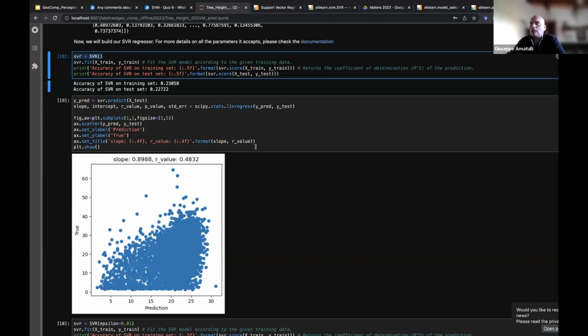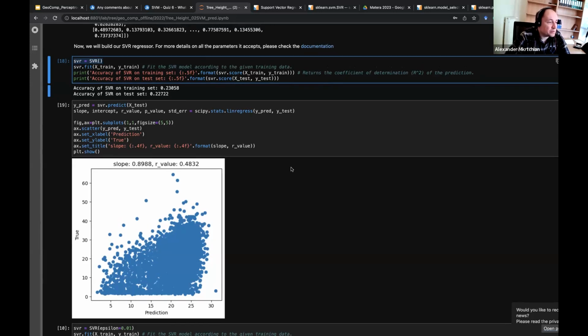So if we have the training set very high, like 0.40, and the test set is 0.22, what does it mean? I would suppose the result which we got now is pretty good because the accuracies are very close to each other. But if they deviate a lot, it would mean that the model is overfit.